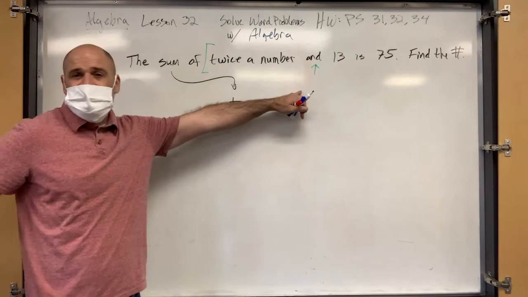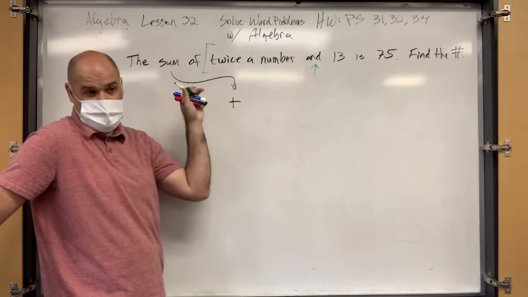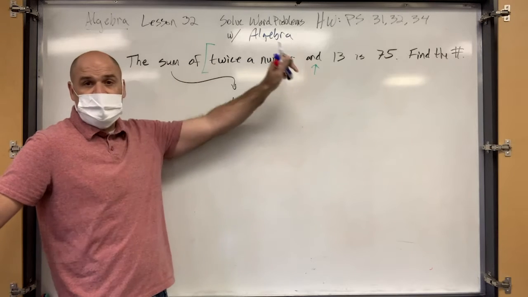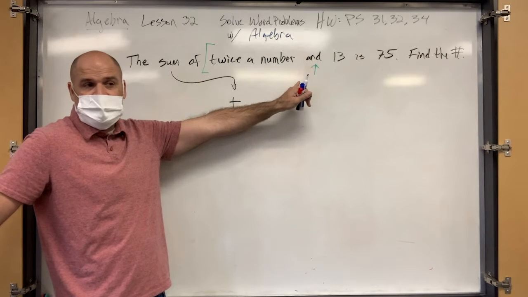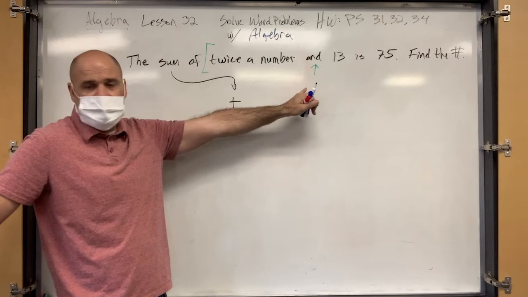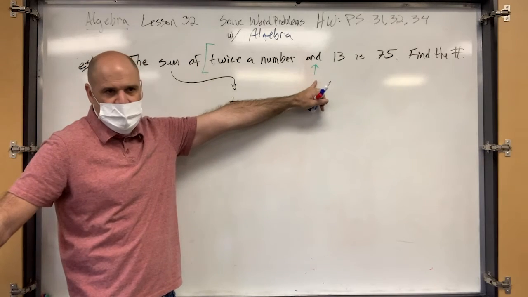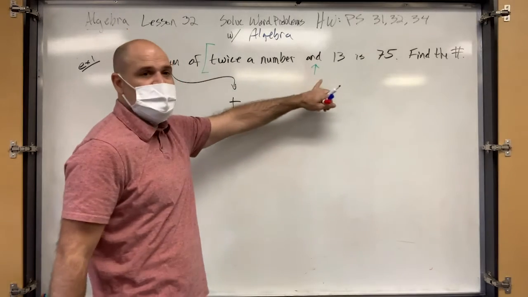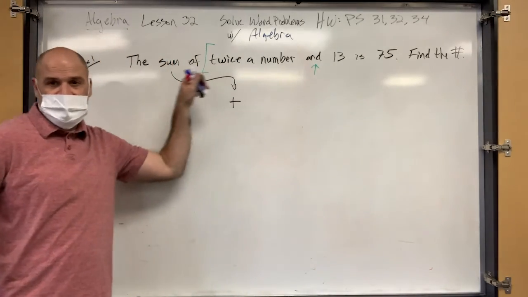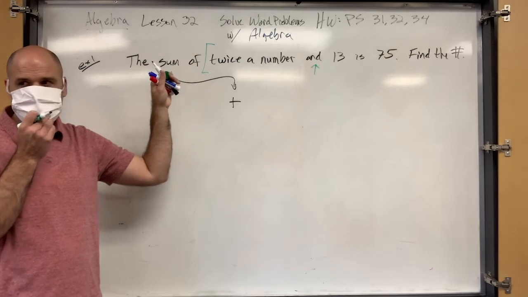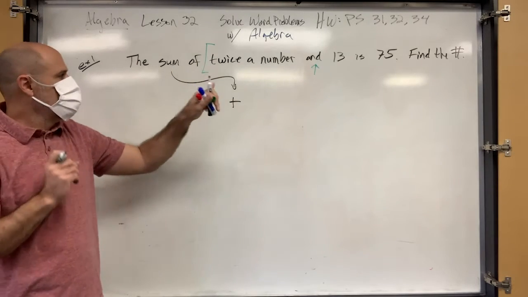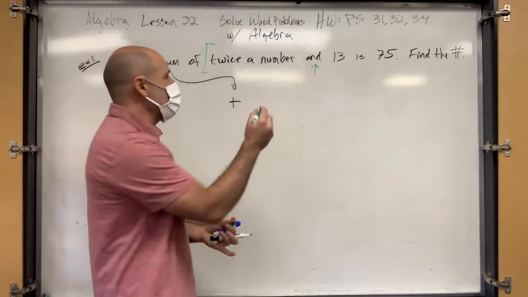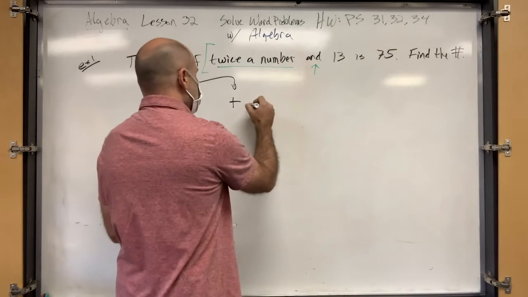But and doesn't always mean addition. If I said the product of twice a number and 13, product means multiplication, right? So this is just a separator word that separates the two things that you're going to add, not because it says and, but because it says sum. You understand the difference there? So, how do you say twice a number? Yeah, 2n.